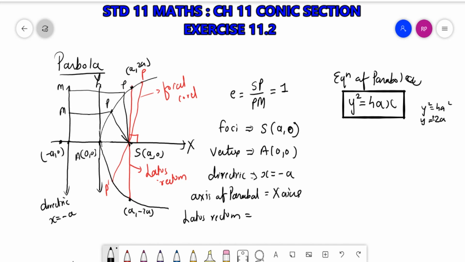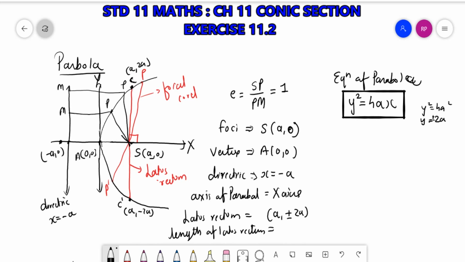So these are the coordinates of the latus rectum. Let's name these points C and C dash. Coordinates of the latus rectum will be (a, plus minus 2a). Clear?